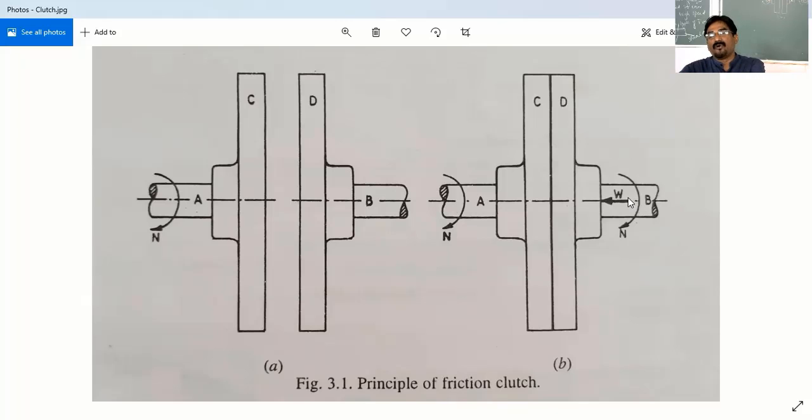With the help of an external force W, we take the disc D closer towards the disc C. Then the complete action takes place between plate C and plate D. As they come closer together, power is transmitted from one shaft to the other with the help of disc C and disc D. This is the principle of clutch.